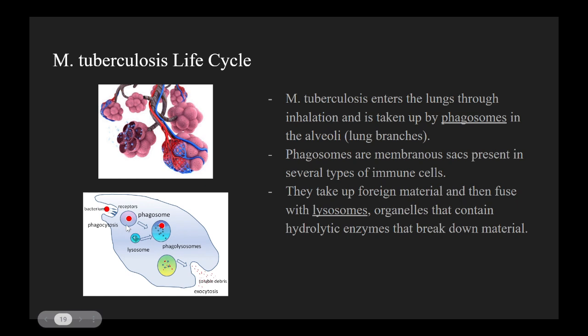And then eventually what's supposed to happen is that the phagosome goes and fuses with a lysosome. If you recall, lysosomes are membrane-bound organelles filled with hydrolytic enzymes that break stuff down, as well as what are called reactive oxygen species.